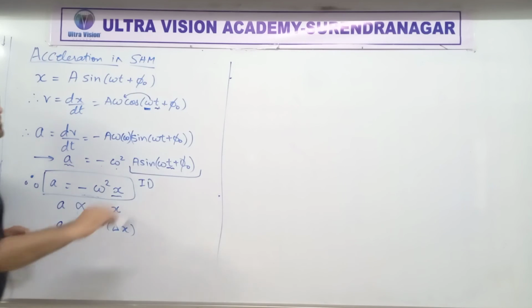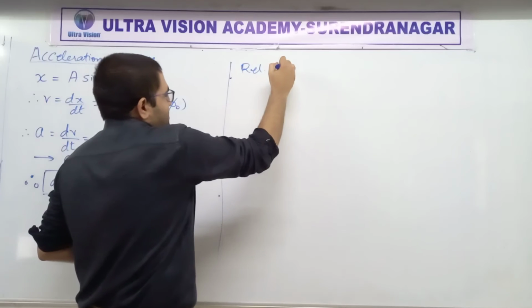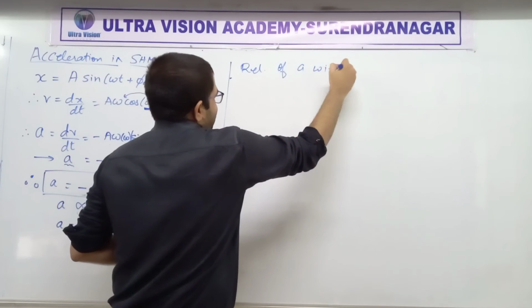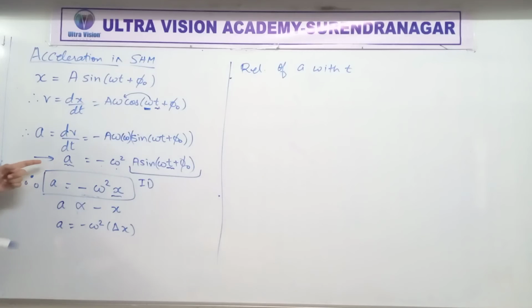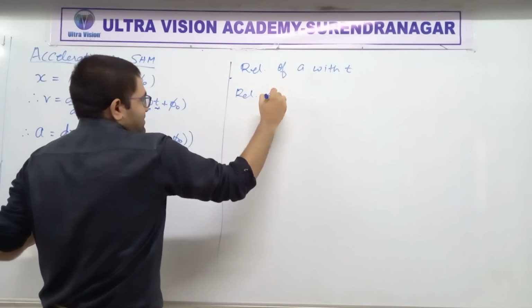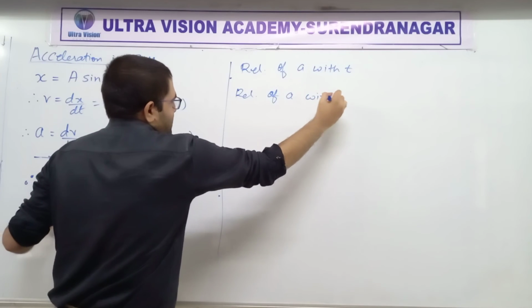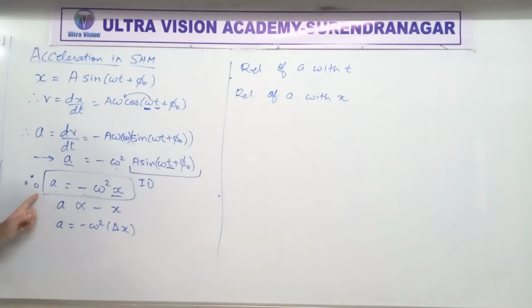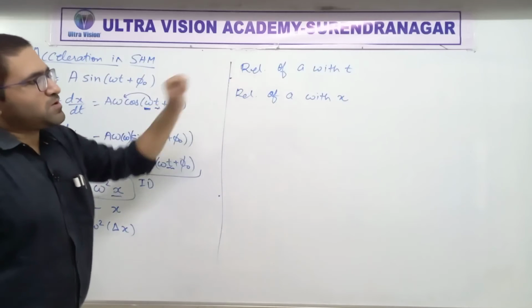So we have derived two things so far. First, the relation of a with t, that is acceleration with time. And the second is the relation of a, that is acceleration, with position x. Again, I'd say this second one is more important. You should remember this, but even the first one, if you know it, it's good, right? So this is what we have done.